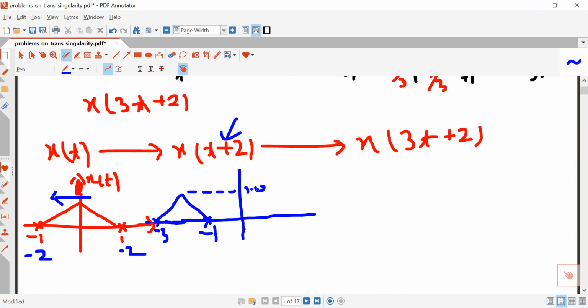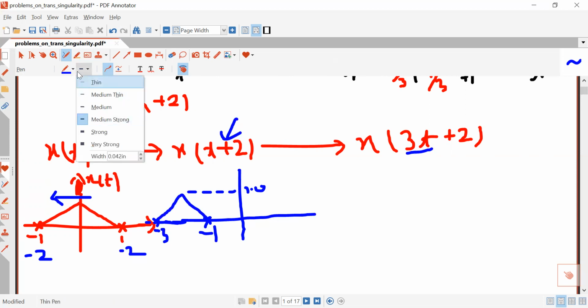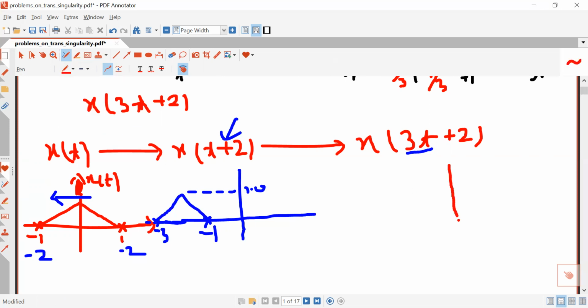And now you have to compress the signal. You have to use time scaling. When you replace t by 3t, the new coordinates will be -1/a and -3/a, and a is here 3. So -3/3 will be -1.